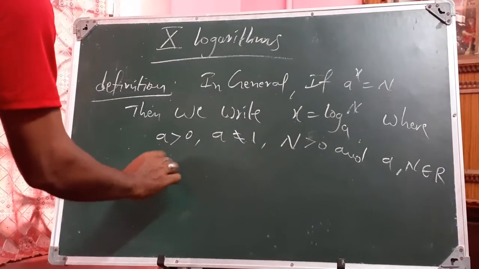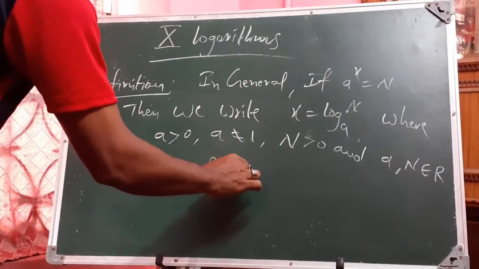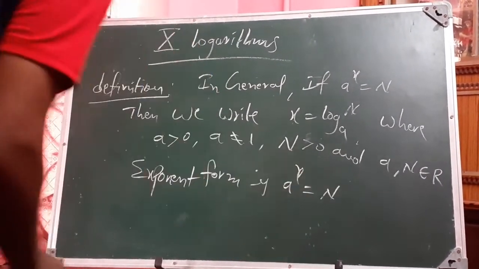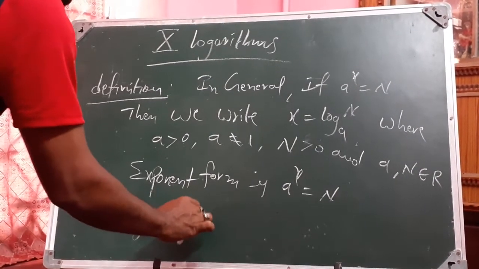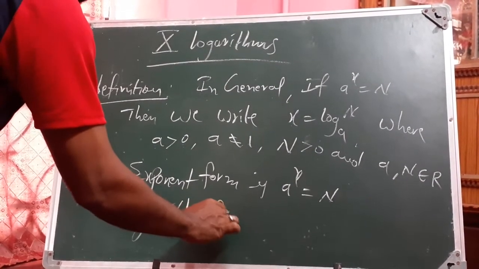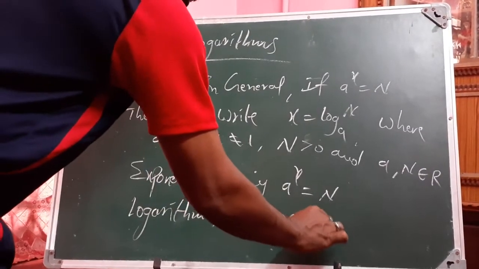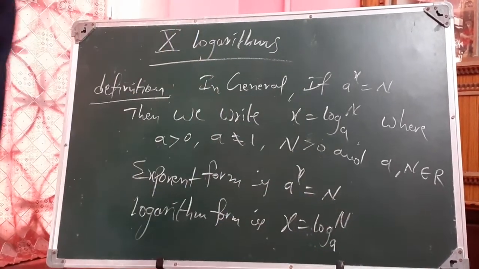Now exponent form is a power x is equal to n. Logarithmic form is x is equal to log n to the base a.